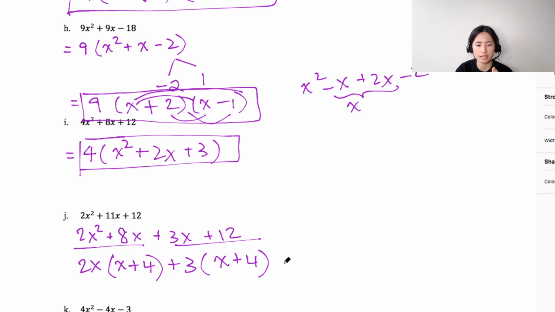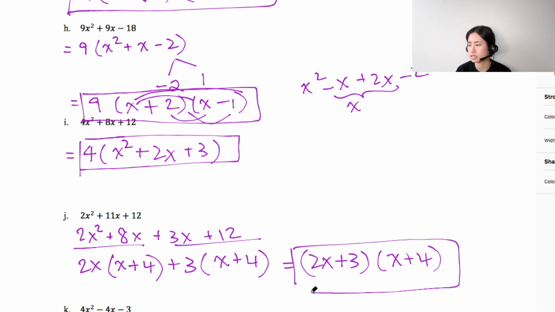So this is going to be 2x plus 3 multiplied by x plus 4. That's the only way factoring by grouping is going to work: if you're able to express the factors in terms of the same x plus 4 in this case, or any term.